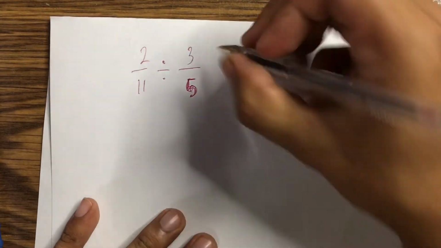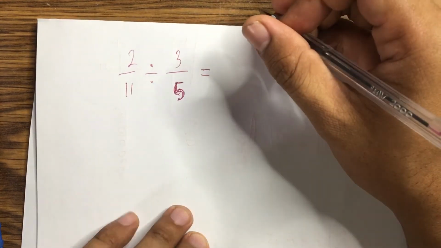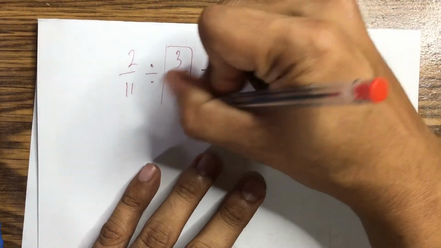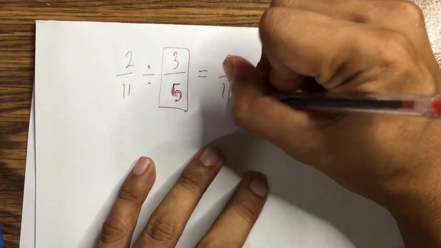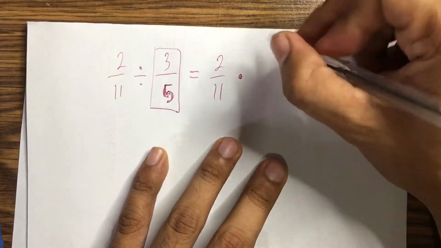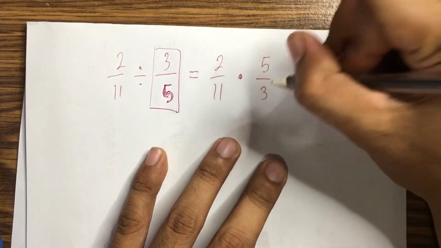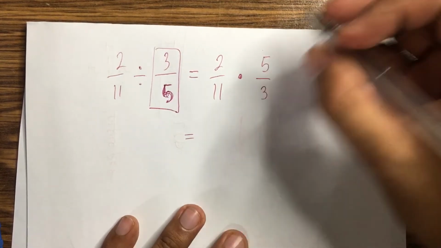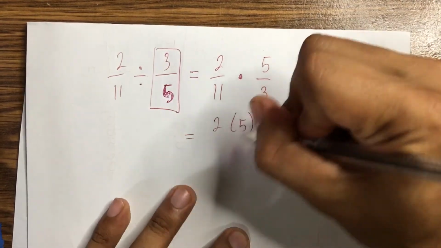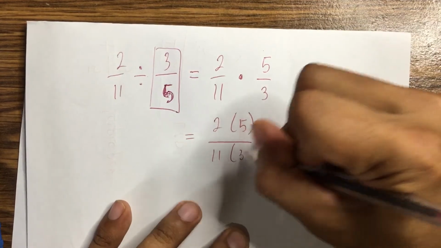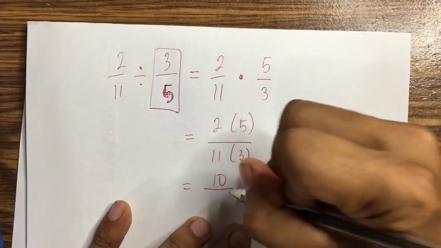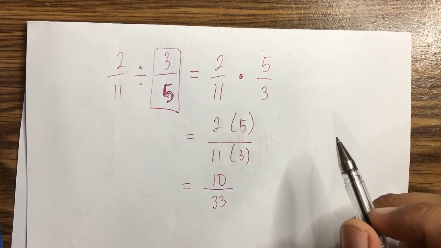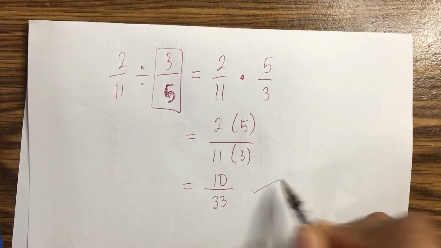To divide this, we first transform the second given into its reciprocal. So 2/11, copy, times the reciprocal, 5/3. Then proceed to numerator times numerator and denominator times denominator. 2 times 5 is 10, and 11 times 3 is 33. And 10/33 cannot be reduced anymore.